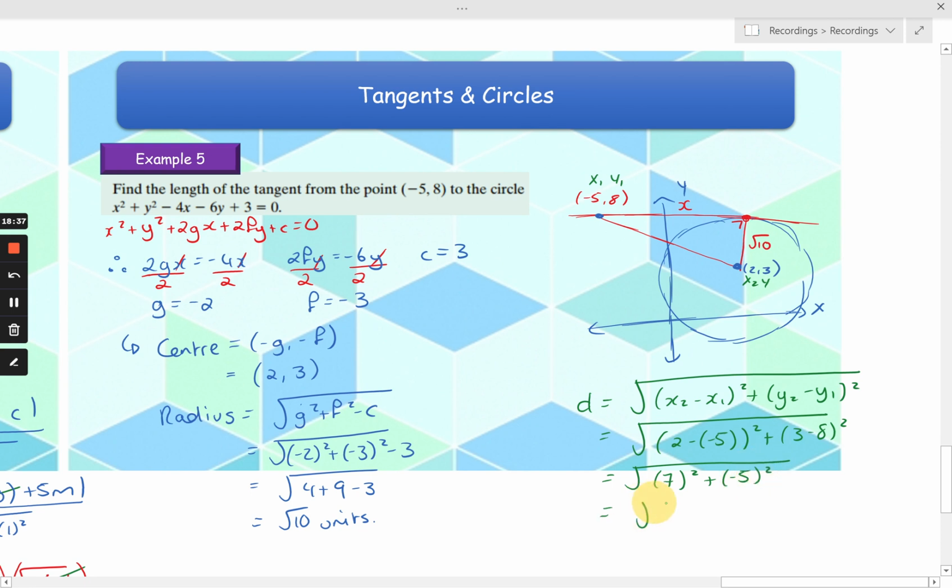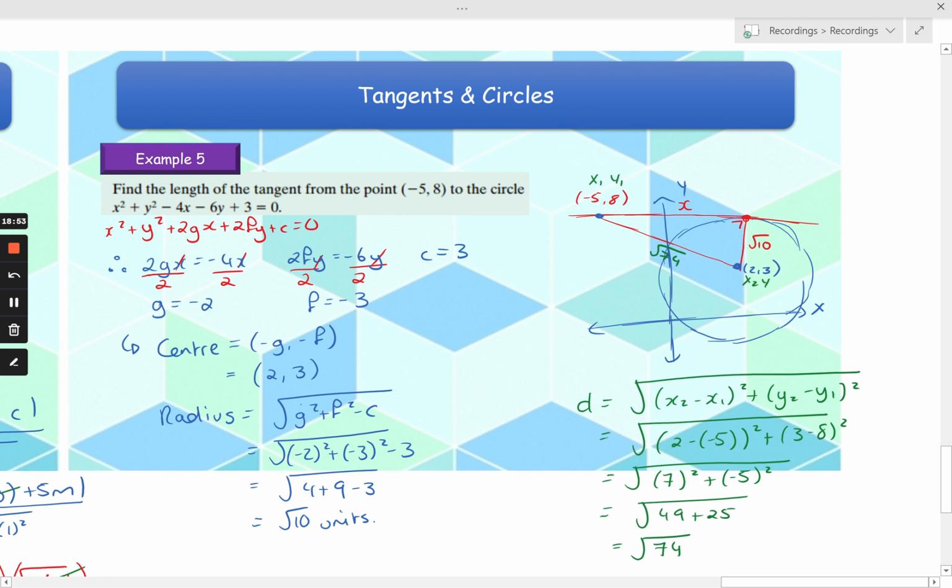So I get the square root of 49 plus 25, which gives me the square root of 74 as my distance here. So now I'm going to label this the square root of 74.